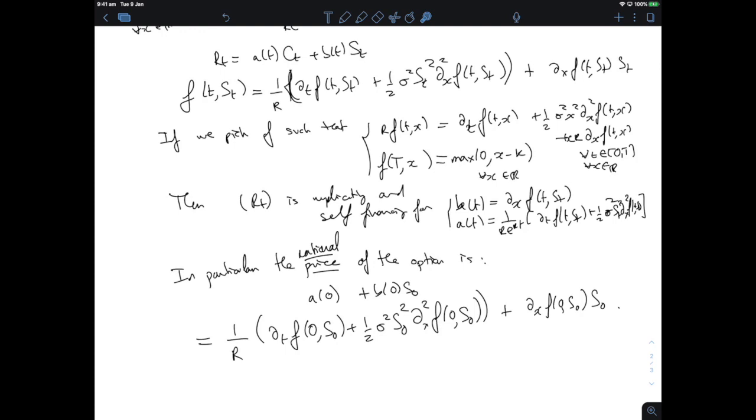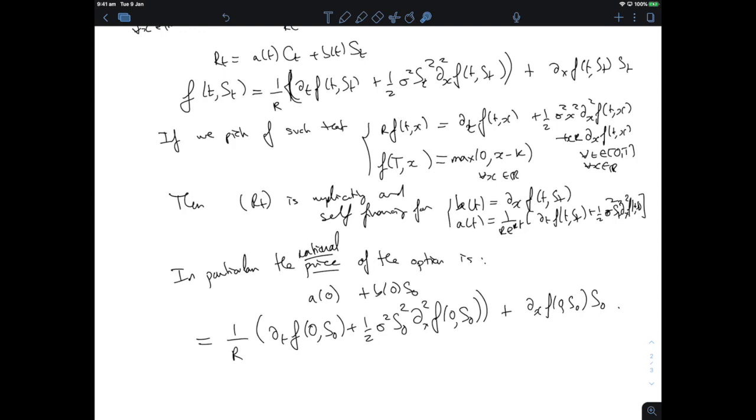So to a mathematician or a physicist, this is like a heat equation, except the sign, being plus on that side, or minus if I put it to the other side, means it's a backwards heat equation. So it's like a heat equation, but with time flowing backwards.